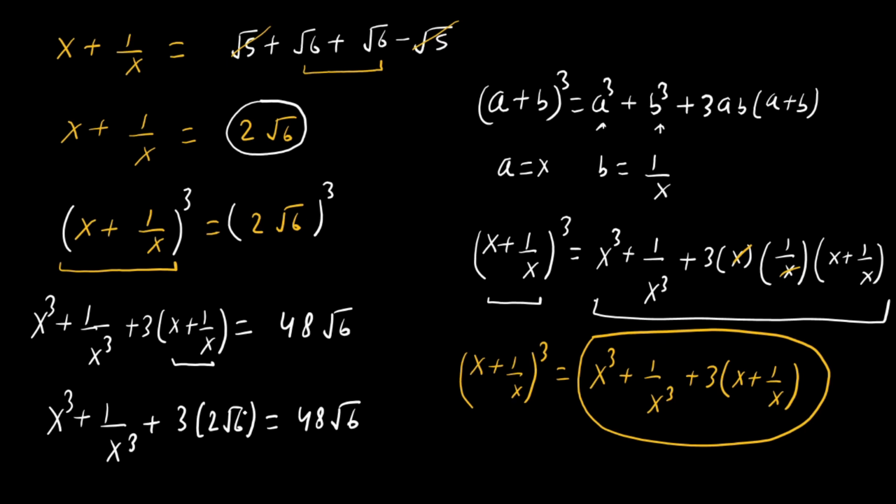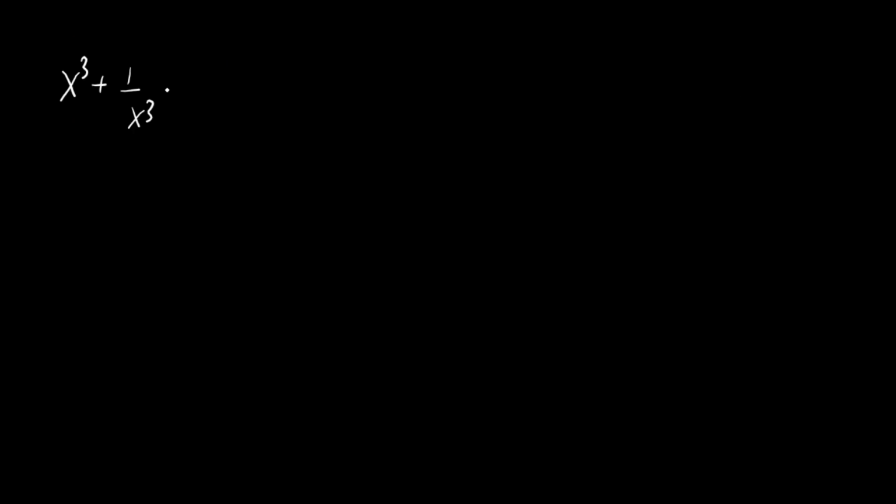On the left-hand side, x cube plus 1 over x cube, and then plus 3 times 2 times square root of 6, that is 6 times square root of 6. So here 6 times square root of 6 is on the left-hand side, and this is equal to 48 times square root of 6. Now on the left-hand side, x to the power 3 plus 1 over x to the power 3 plus 6 times square root of 6 is positive.